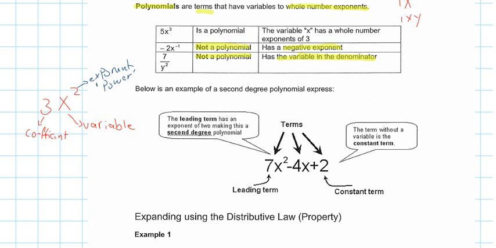Okay, so it could be exponent or power. Second degree polynomial, the power is going to be 2. Okay, the highest power that you're going to have is going to be power 2.